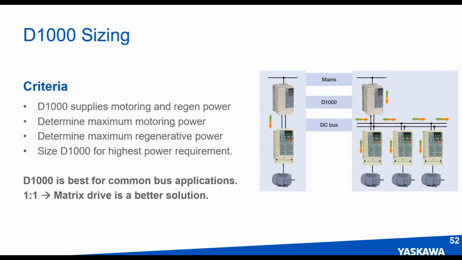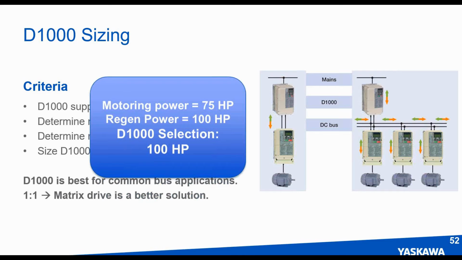So how do we size the D1000? The D1000 must supply both motoring and regen power. Again, both power conditions go through that D1000. So the maximum power is determined by the maximum of the motoring or the regen condition. That can be motoring or regen, but it must be the max of both. So for example, we have a motoring power of 75 horsepower.